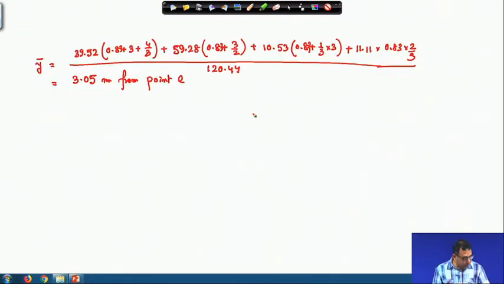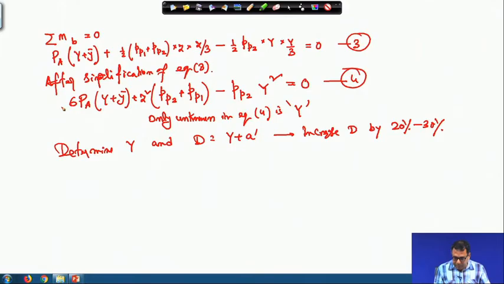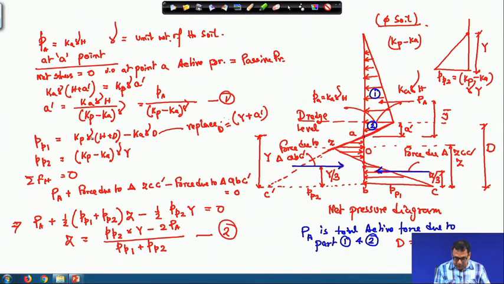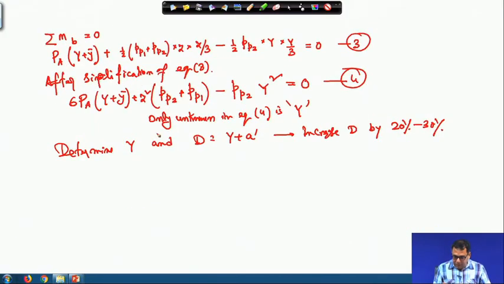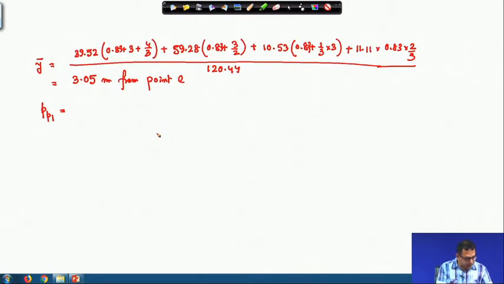Next one, what I will do, that I will calculate the PP1. So, PP1, what is the expression of PP1? PP1 is Kp gamma h plus d minus Ka gamma d. So, PP1 I can write that Kp gamma h plus d minus Ka gamma d. Okay.